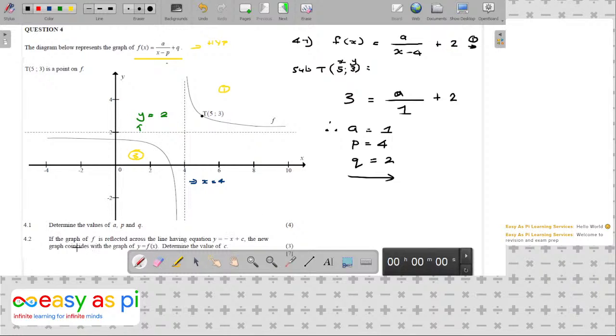Okay, so if the graph of f is reflected across the line having the equation y is equal to minus x plus c, the new graph coincides with the graph y is equal to f(x). So what they're saying is if I flip it, it will coincide, or it will still be the same graph. Then they say determine the value of c in this case.